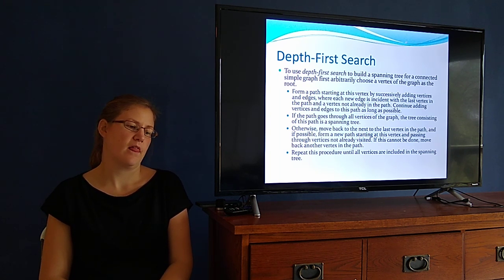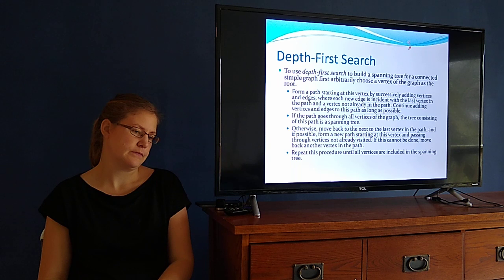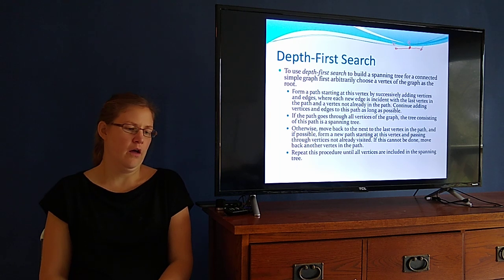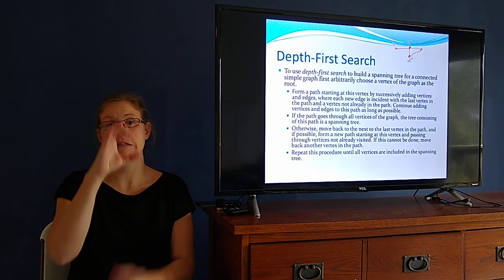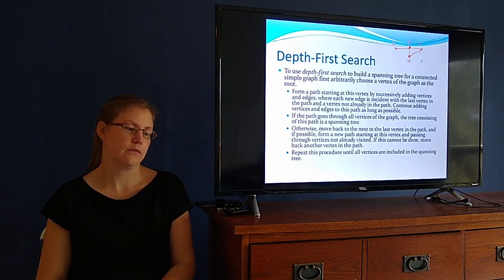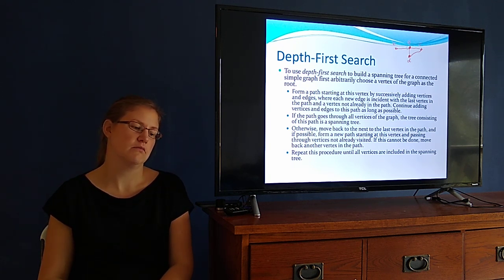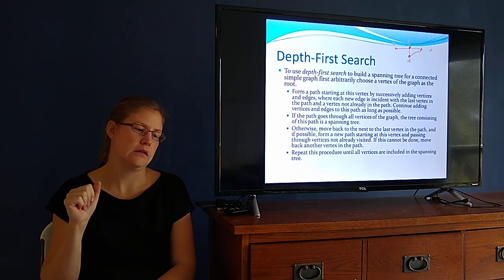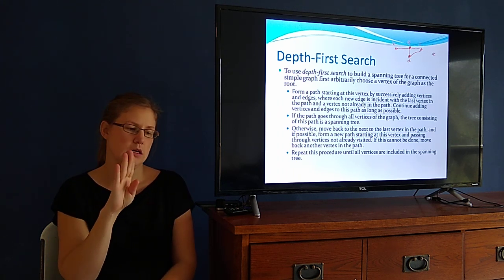Let's say here A is connected to B, connected to C. Let's have the same example, and D is connected to C. So we form a path starting at the vertex we have chosen, which is A. In this example, it's the root. So this is A. A is connected to B.